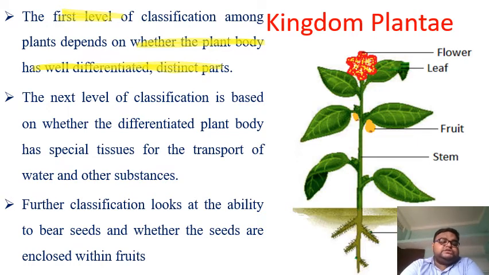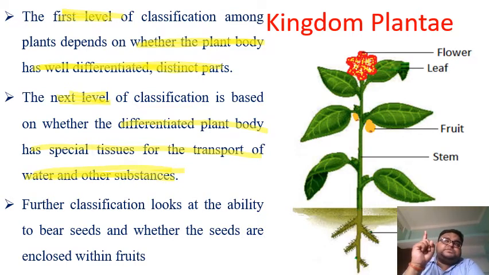Understood, students? So the next level of classification is based upon whether the differentiated plant body has special tissues for transport of water or other substances, right?